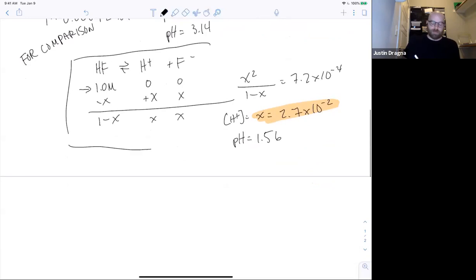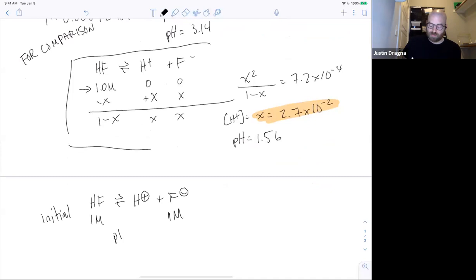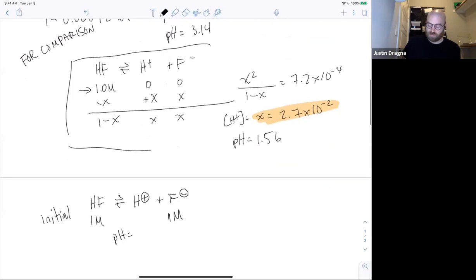So let me put it this way. For this problem, where our initial concentrations are this, we end up with a pH equal to 3.14.